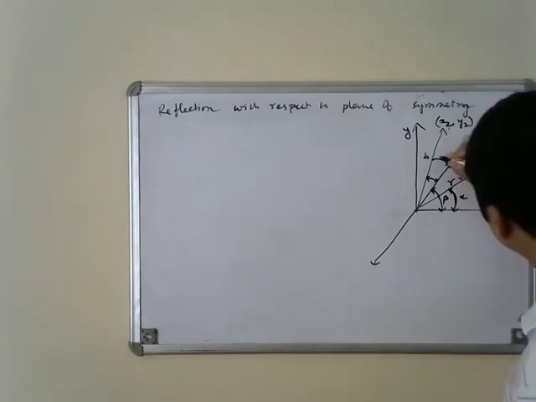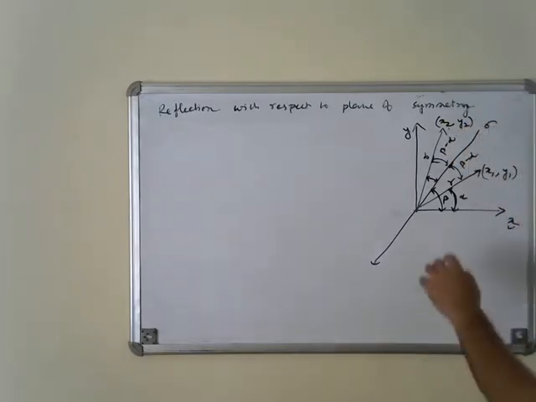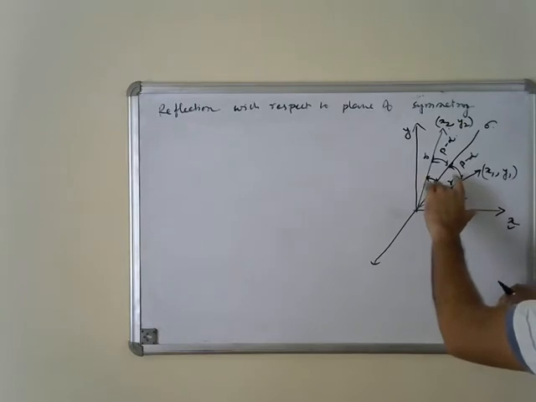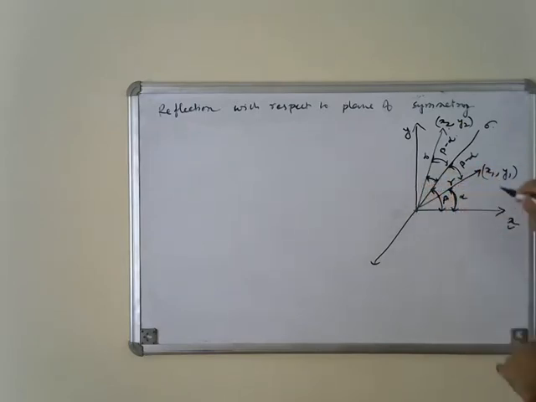So this is also equal to beta minus alpha, because after we do reflection, the vector will move by an equal angle from the plane of symmetry.